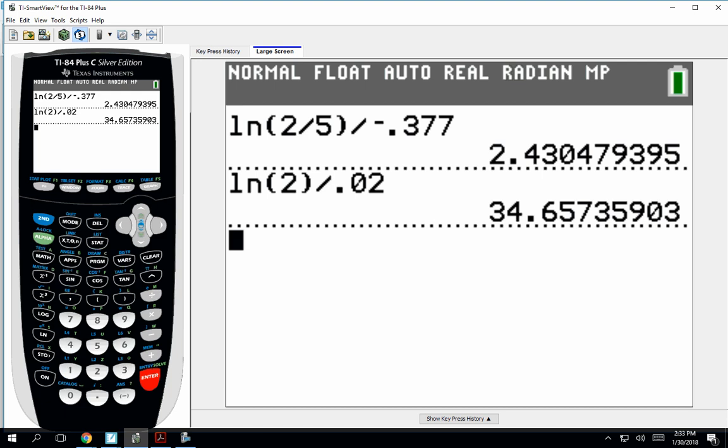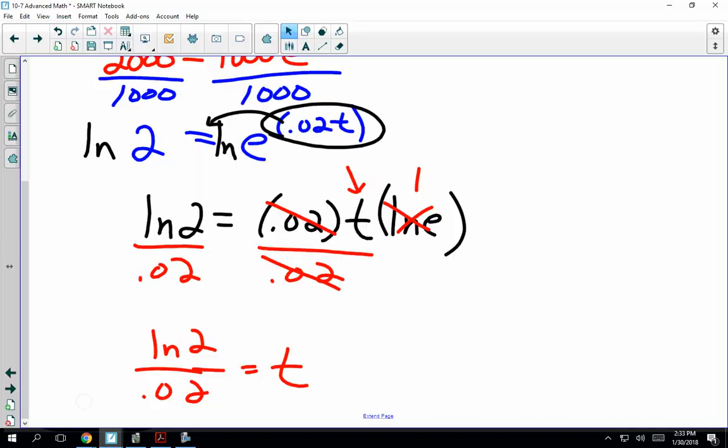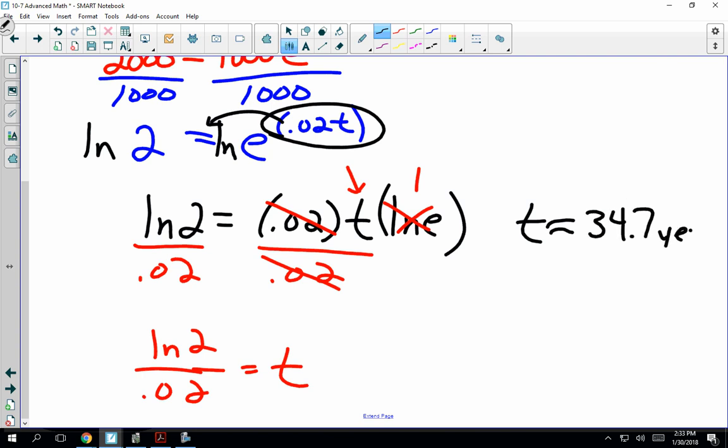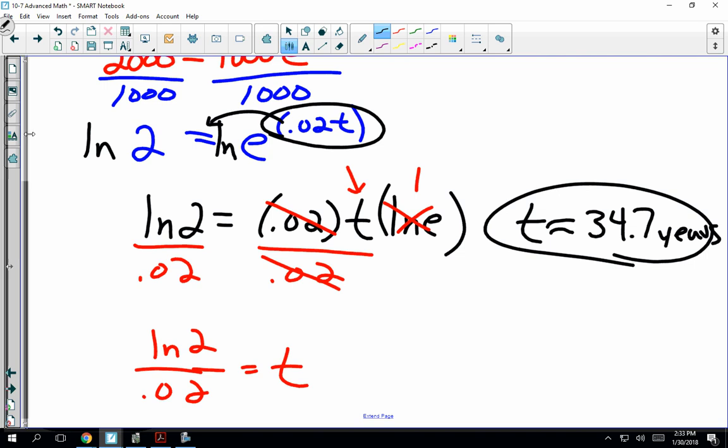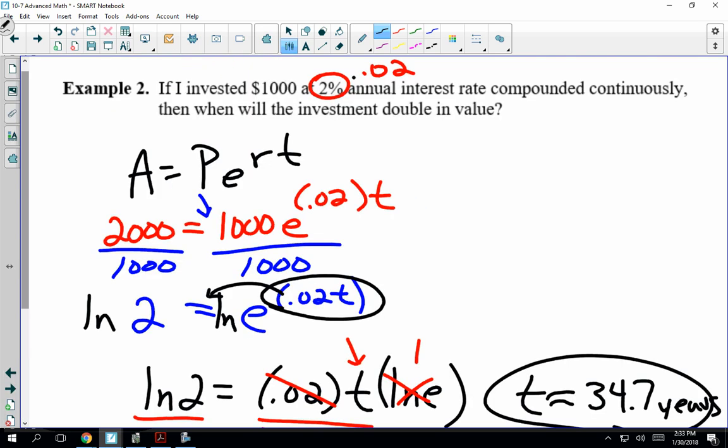Find that bank for me, right? We'd all be going there. But unfortunately, it's 34.7 years, all right? Unfortunately. And again, where I snuck that in there, whoa, was right there.